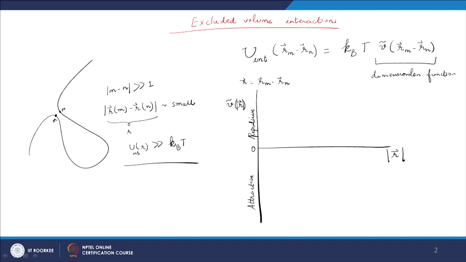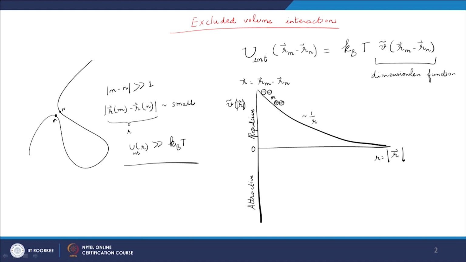For example, the Coulomb interaction between like charges is repulsive, and it decays like 1 by R, where R is this.